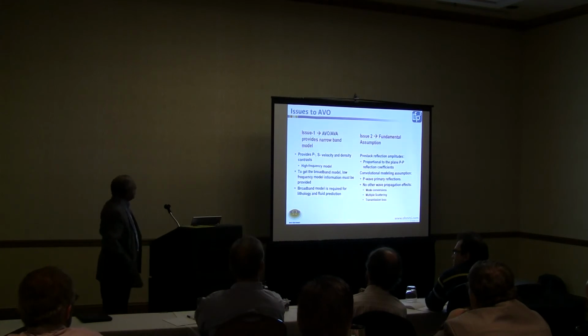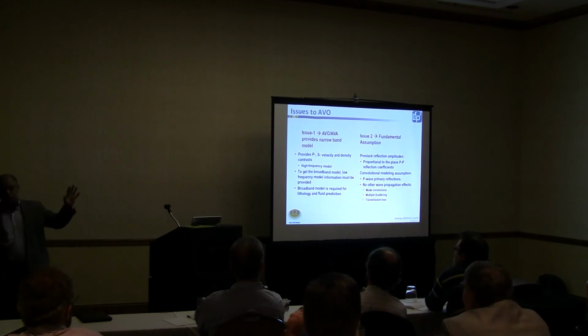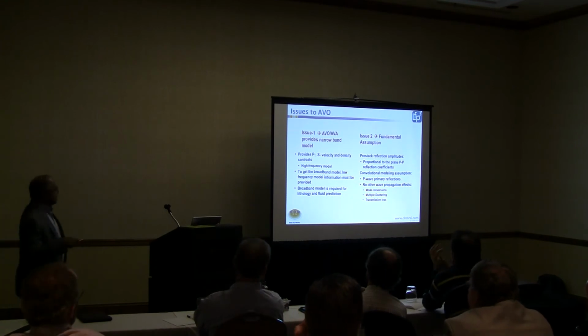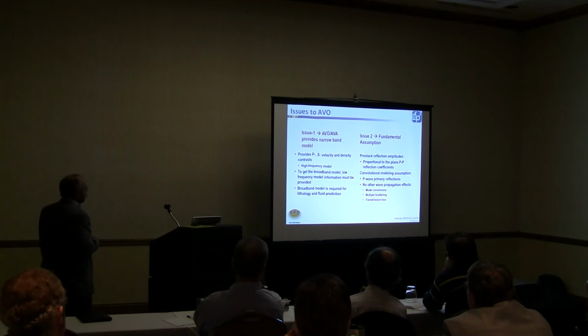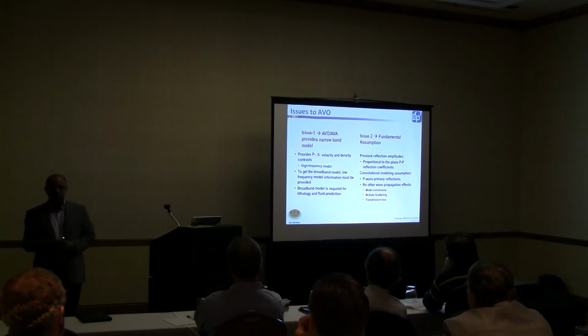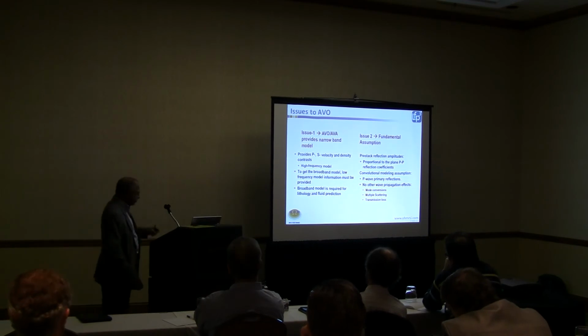So, we talked about two issues in AVO and AVA, and one was the narrowband model, and another was the fundamental assumption. And now let's talk about another issue, which will eventually lead us into the road ahead.